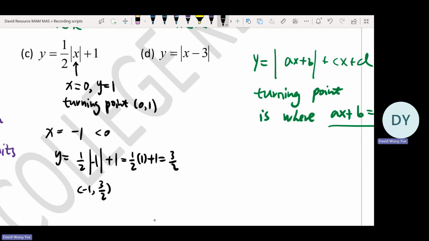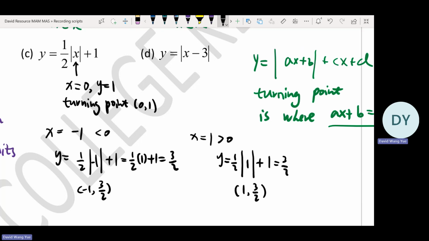And then I choose another point on the right of the turning point, which is bigger than the turning point. Since the turning point is x equals 0, I will let x equals 1. Then y equals half times modulus of 1 plus 1, that will be 3/2 as well. Therefore, the other point is (1, 3/2).